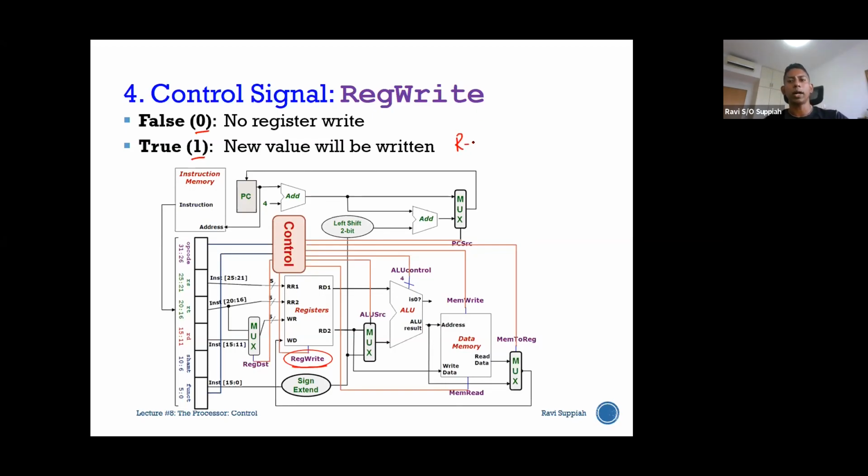Of course, all R type instructions will update a register at the end of the instruction, correct? Similarly, a load word instruction also has to take data from memory and update a register. So R type instructions and load word instructions are the ones that will have the register write activated. That tells the register file that for this instruction, I am required to update one of the registers at the end of the instruction.